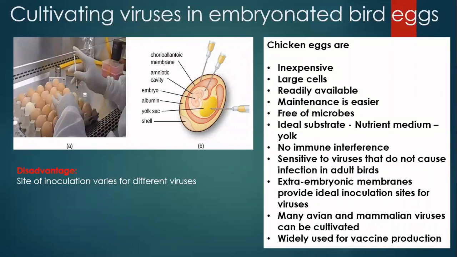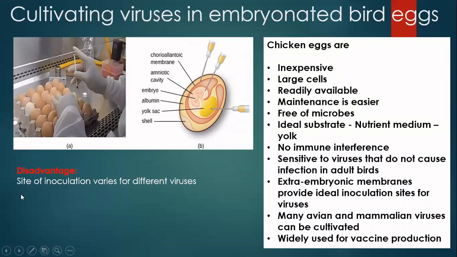Of course, the same advantages also hold good for other embryonated bird eggs, but especially due to the cost, effectiveness, availability, and easy maintenance, chicken eggs are the most preferred.